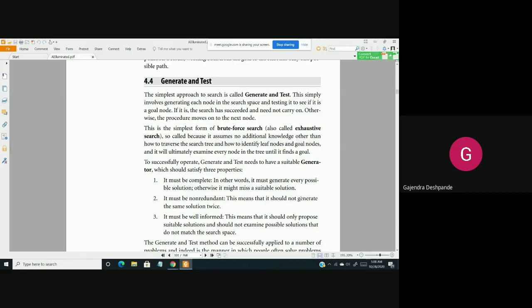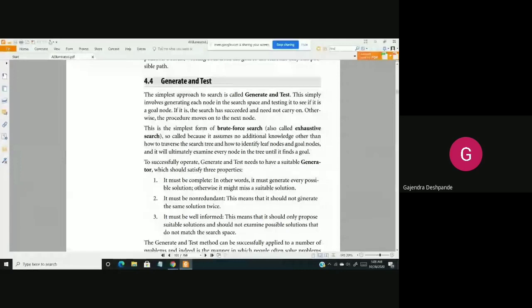Okay, so in the brute force technique, the method assumes no additional knowledge other than how to traverse the search tree and how to identify leaf nodes and goal nodes, and it will ultimately examine every node in the tree until it finds a goal.